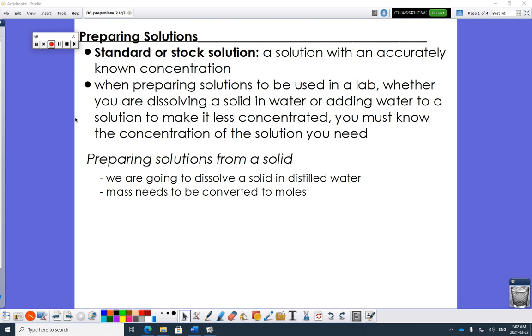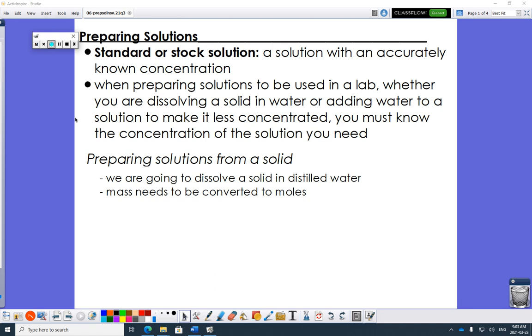Grade 10 teachers come and say to me, I need iron chloride solution for my lab. Okay, what concentration do you want? 0.5 molar. Okay, and then I can do the math to figure out how much solid to dissolve. And of course, we're always using distilled water to make the solution.